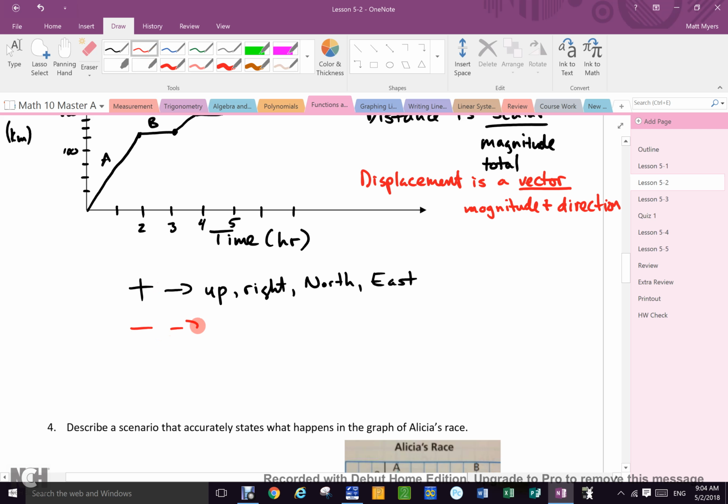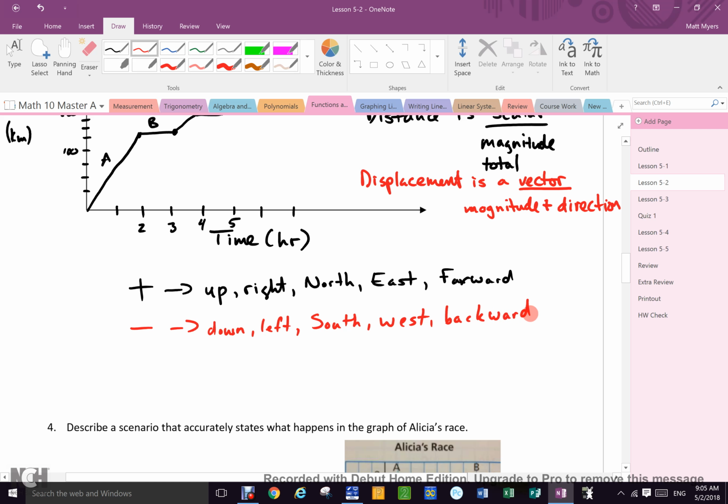Negative numbers are the opposite. Down, left, south, west. Oh, what about this one? Forward, backward.